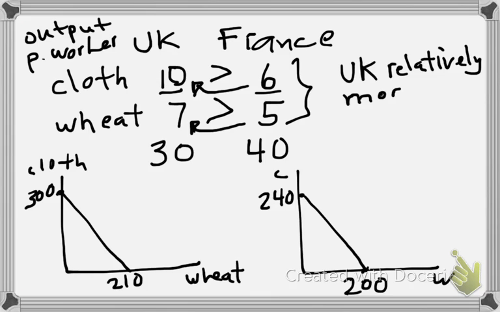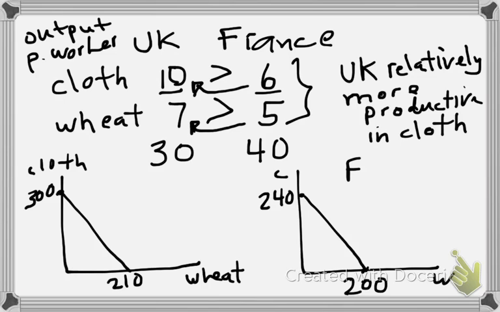So the UK is relatively more productive in cloth. And France is relatively less bad at wheat, so we say that France has the comparative advantage in wheat.